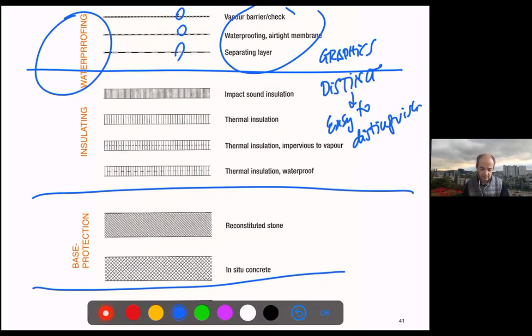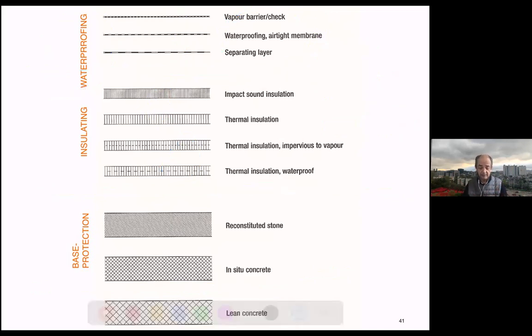Sometimes if you don't see them together, you will have difficulty knowing what is what, right? It is okay. It is a very good and famous book, and very systematic. Again, I think in your graphics you have to find a way to be more clear to avoid confusion.